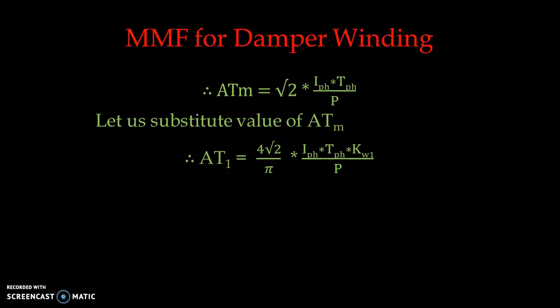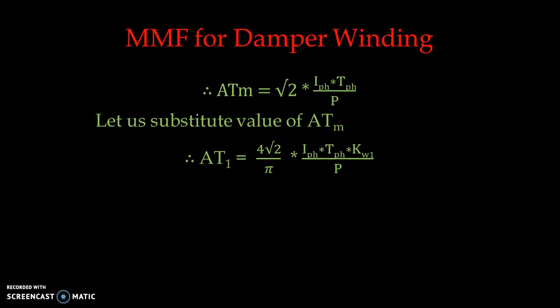Now the function of the damper winding is very clear. If we need to suppress the inverse rotating field, then the damper winding must develop an equal and opposite magnetomotive force compared to the inverse rotating field magnetomotive force generated by the fundamental pulsating magnetomotive force.